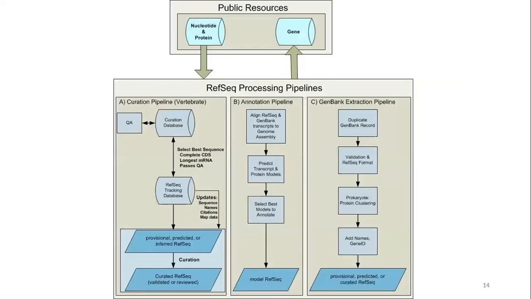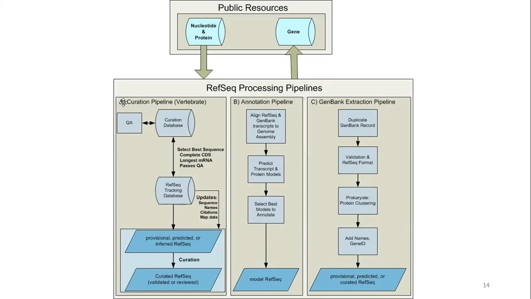This particular figure is very important. It represents how annotations and data are processed at this reference sequence database. As you can see over here, there are three different pipelines that are usually implemented for curating or annotating the entries in your reference sequence database.